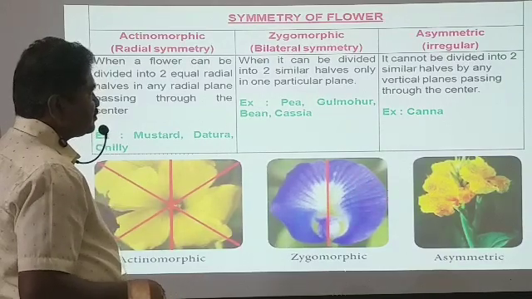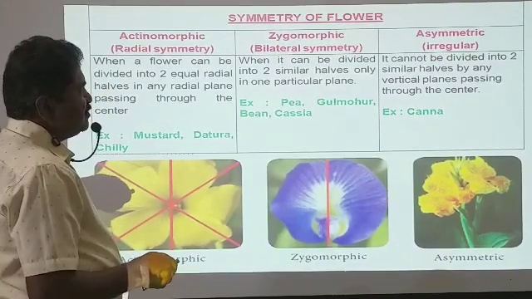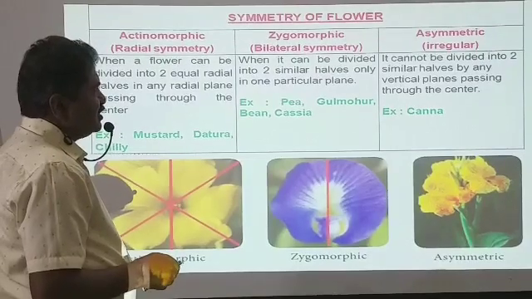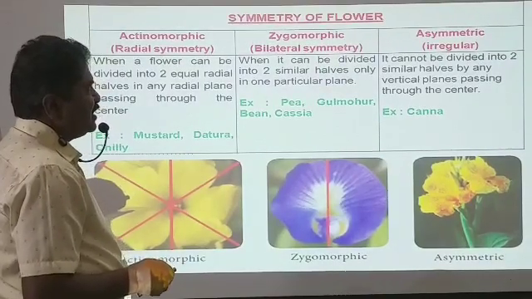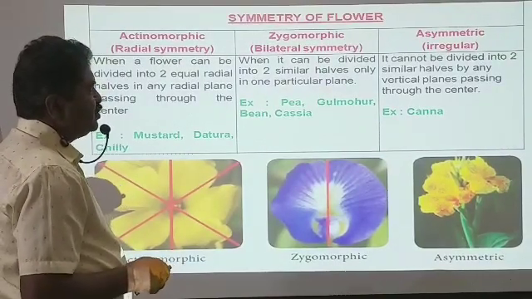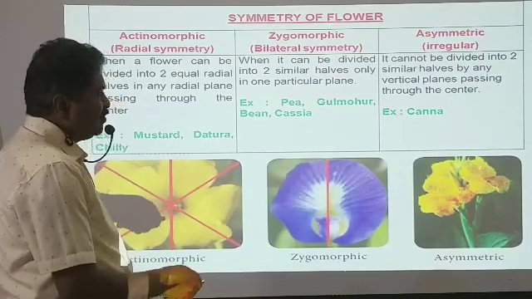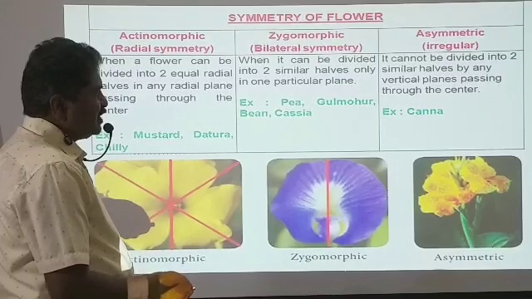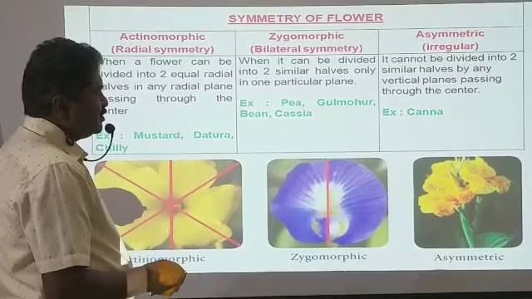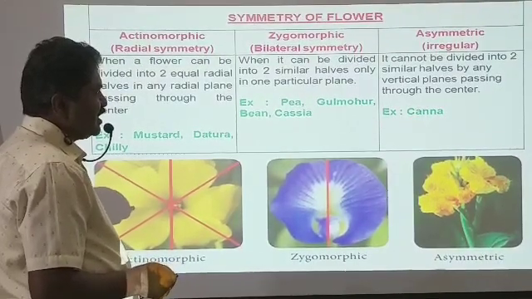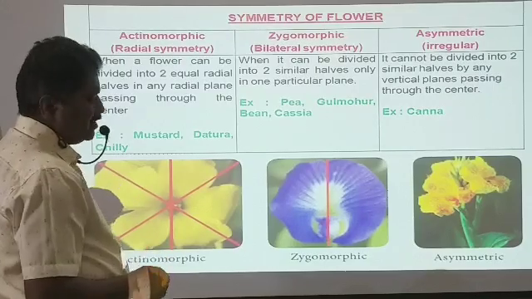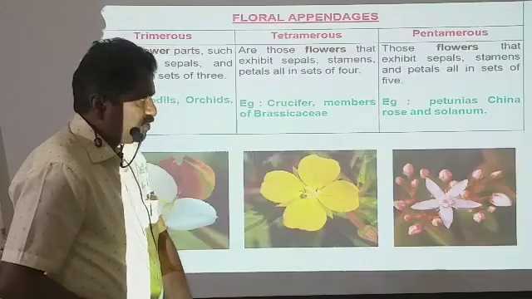And the other type, asymmetry, is irregular. It cannot be divided into two equal halves by any vertical plane. In whichever vertical plane you cut, you will not get two equal halves. That can be seen in canna. This is regarding the symmetry of the flower.